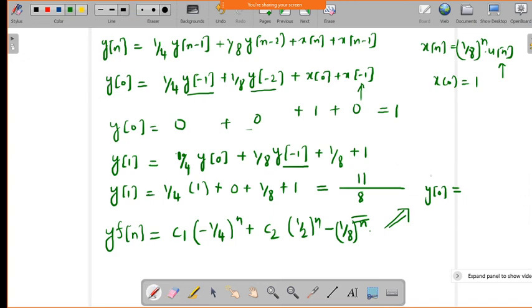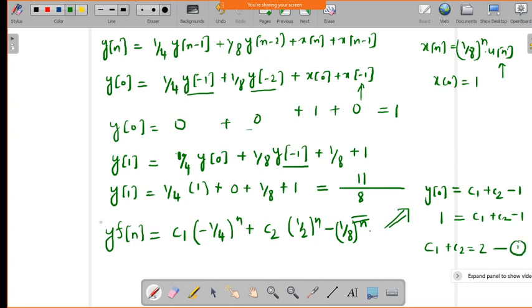So C1 plus C2 minus 1 equals y of 0, which is 1. So C1 plus C2 minus 1 equals 1, so C1 plus C2 you will get as 2. So this is one equation.